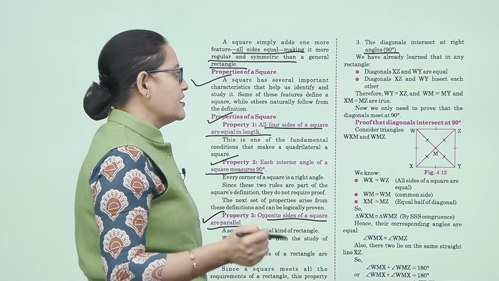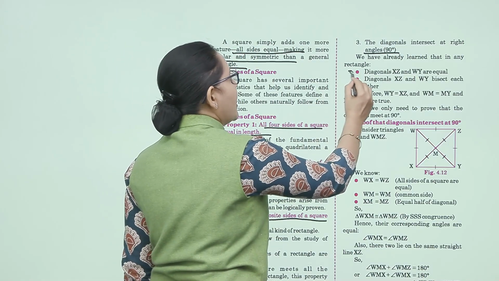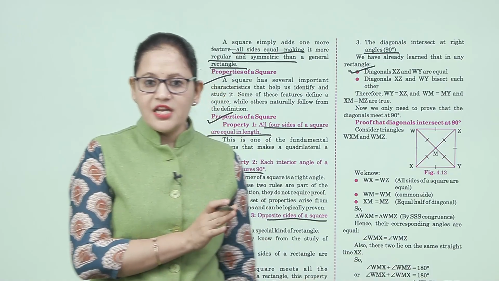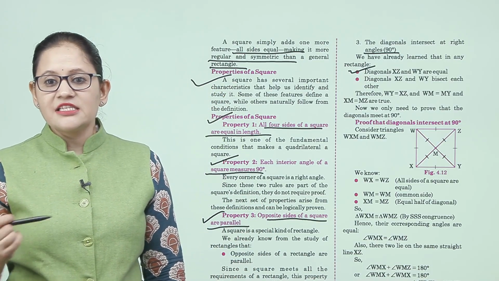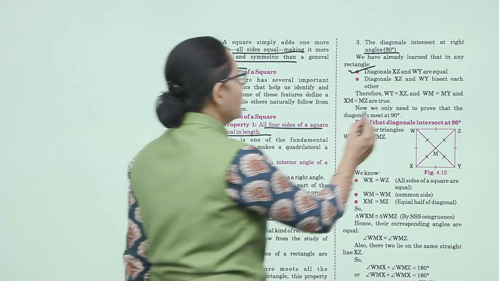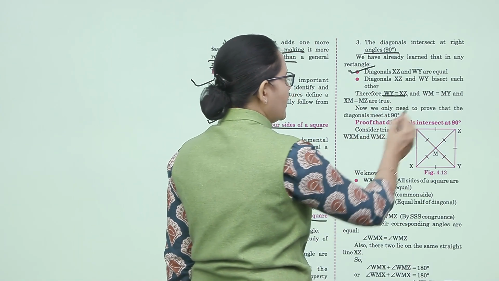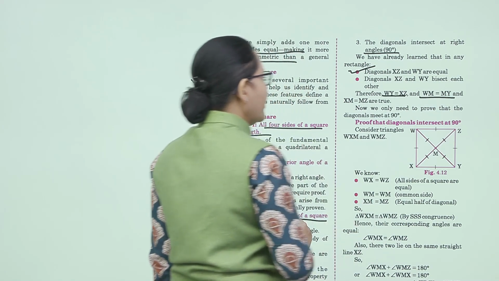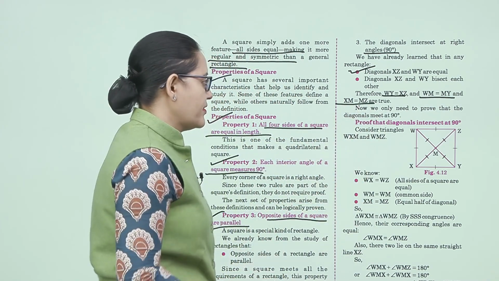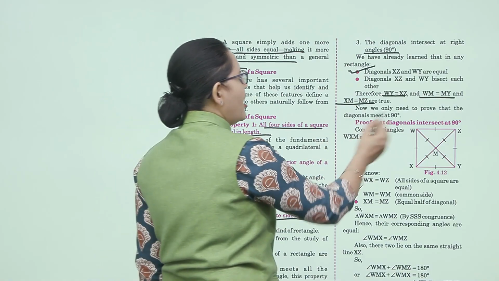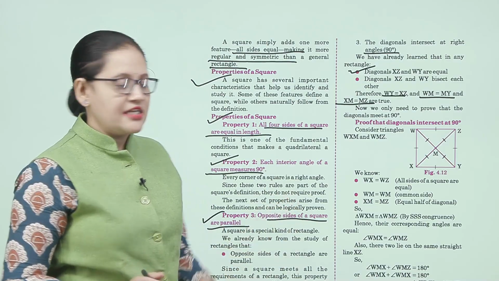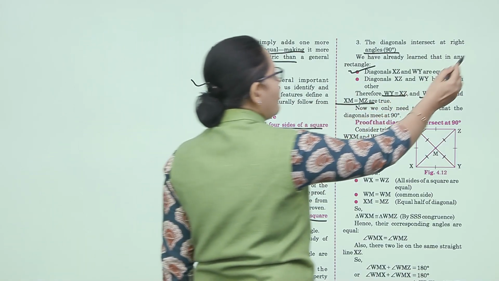We have already learned that in any rectangle the diagonals XZ and WY are equal, which we proved earlier. Diagonals XZ and WY bisect each other, that we know. Therefore, WY equals XZ, and WM equals MY and XM equals MZ are true. Now, we only need to prove that the diagonals meet at 90 degrees, because all these other things we have proved earlier.